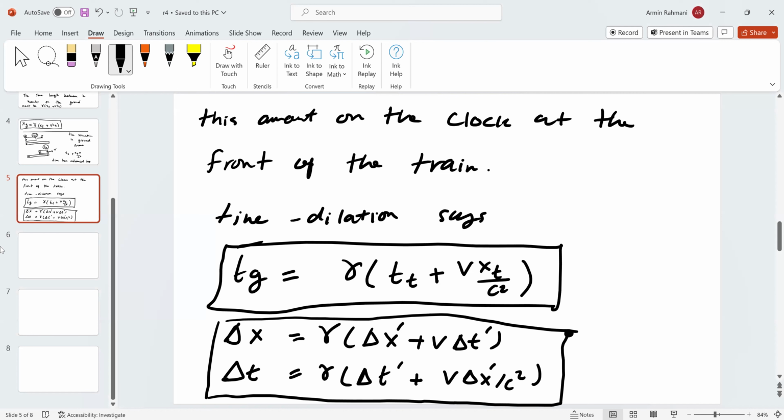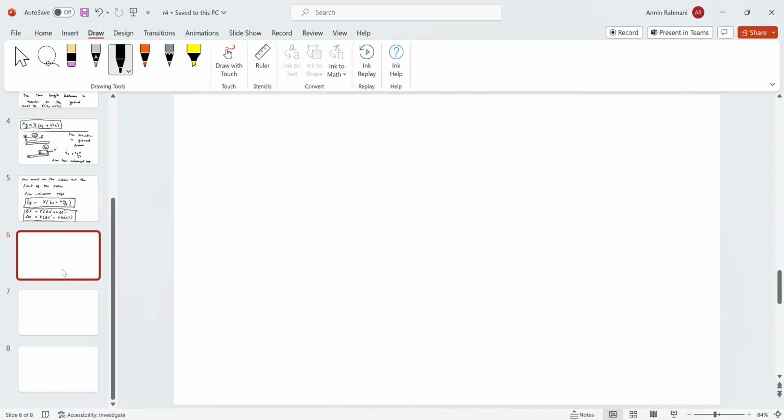This equation looks nicer if instead of t, I use ct, so the transformation becomes more symmetric. Let's drop the delta just for simplicity, but we know that these are time intervals, so the origin is set to 0 for both frames.